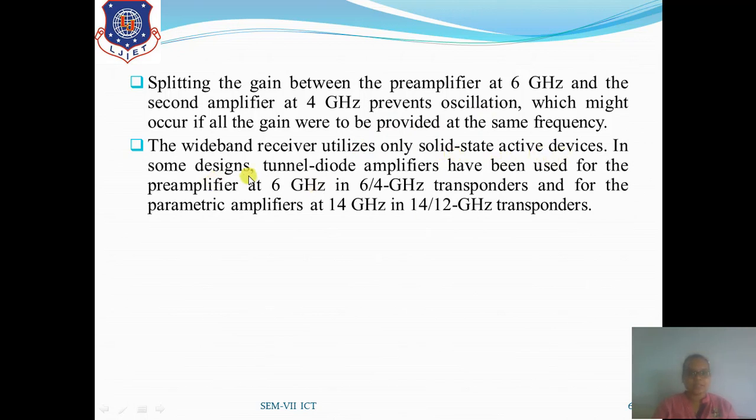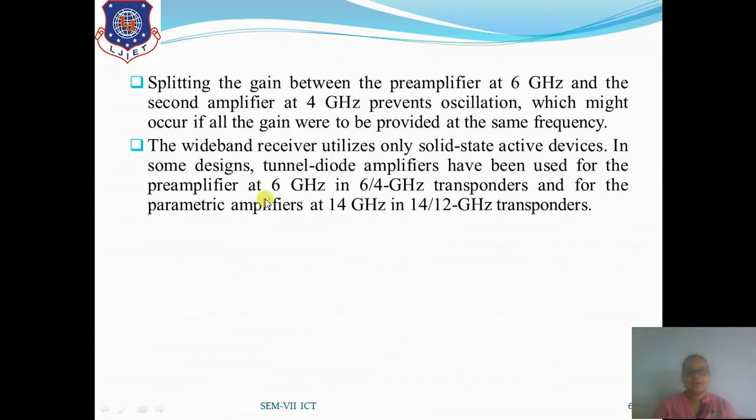In some designs, tunnel diode amplifiers have been used for the pre-amplifier at 6 GHz in 6 to 4 GHz transponders, and parametric amplifiers at 14 GHz in 14/12 GHz transponders.